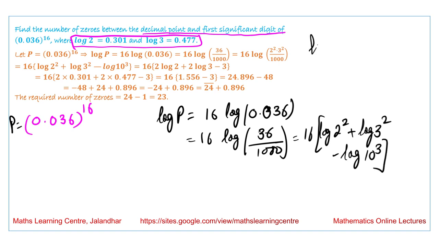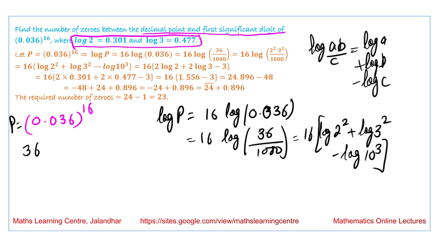We are using the result that log of A B by C is equal to log A plus log B minus log C, and this 36 we are writing as 4 into 9, that is equal to 2 raised to the power 2 into 3 raised to the power 2.